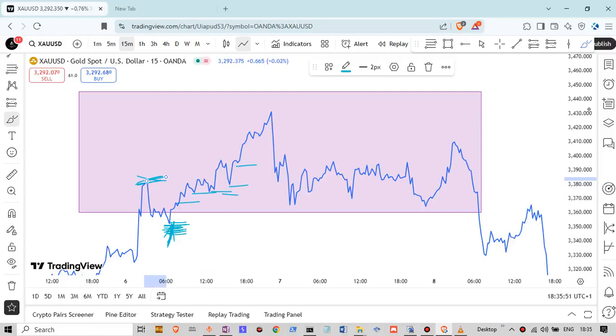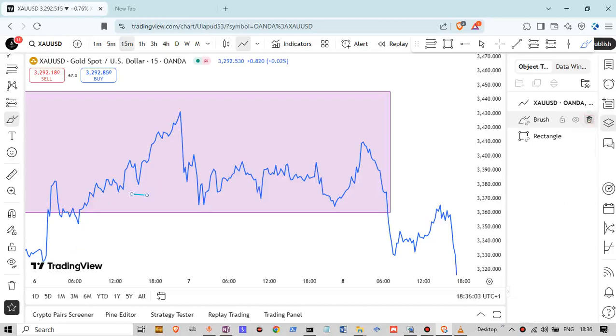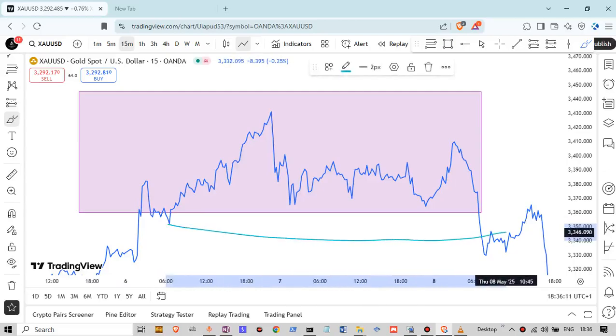So until this major low is broken, then I will say fine, the market structure has finally shifted. Do you get now? So until this low here gets broken to the right side, I know that the market structure has shifted.